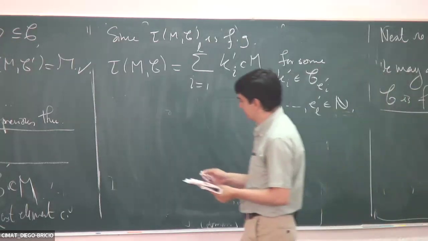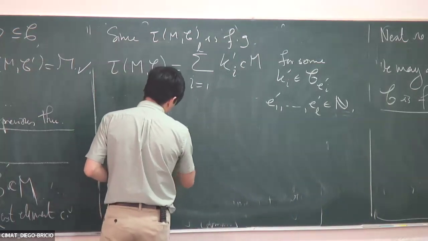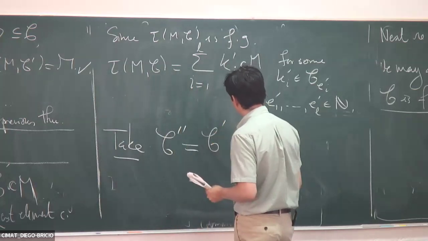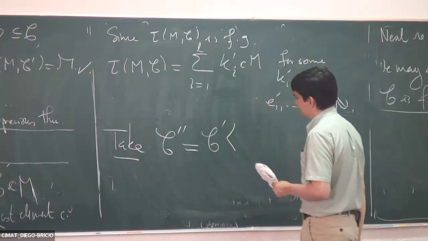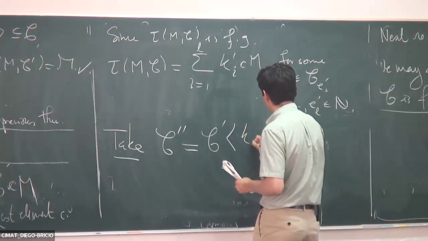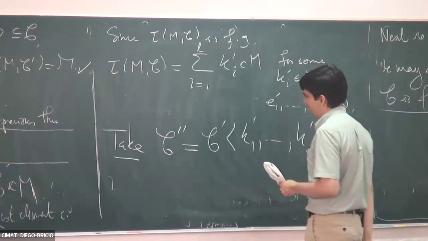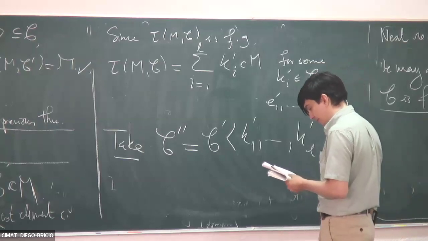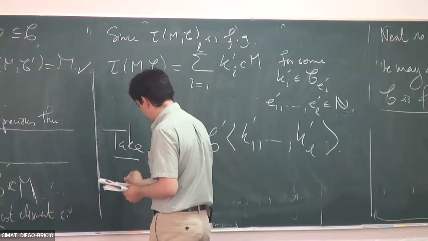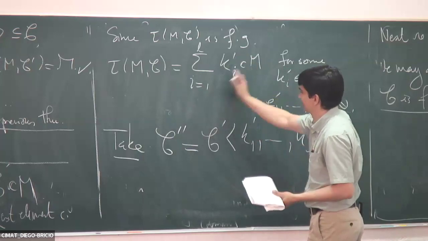And so take C double prime to be C prime adjoin these new elements. Okay. So then, yeah, I think then we're good.